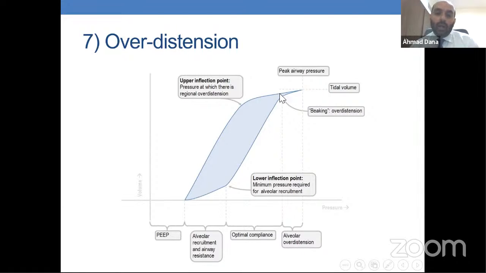You can check the time of the pressure you reach the maximum pressure point, and you start the overdistension. In a way, to reduce the pressure, reduce the set volume if you are putting him on volume in the VG. So you decrease the pressure needed to avoid overdistension and injury to the lung.